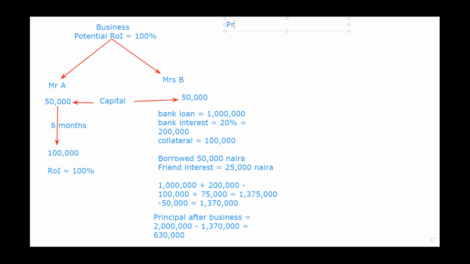So the profit he made is, you invested 50,000, it's getting 630,000. So 630,000 minus 50,000, that's going to be like 580,000, right? So that's how much he's making profit after everything. Okay, that's his net profit.